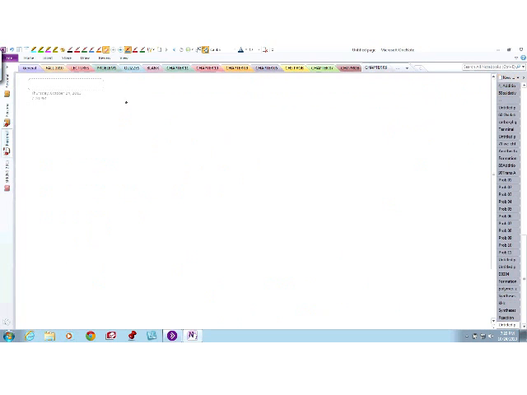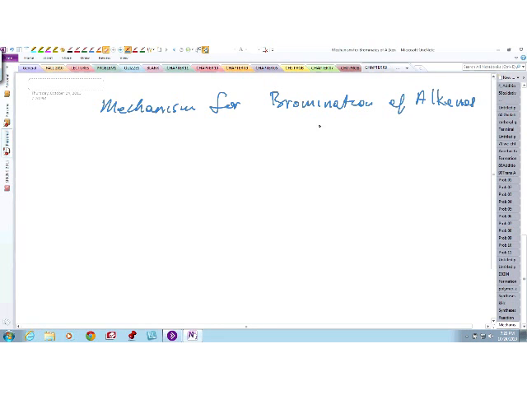Okay. Another mechanism I would like to show you is actually for bromination of alkenes.